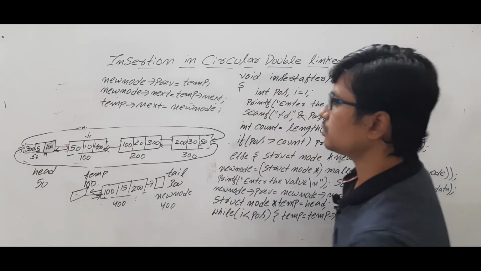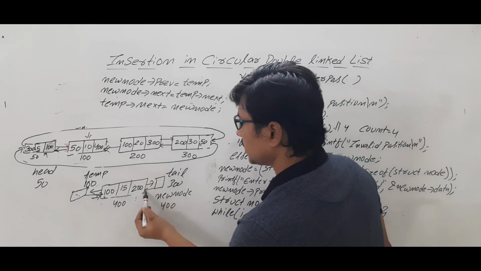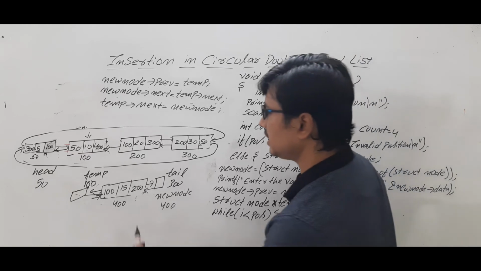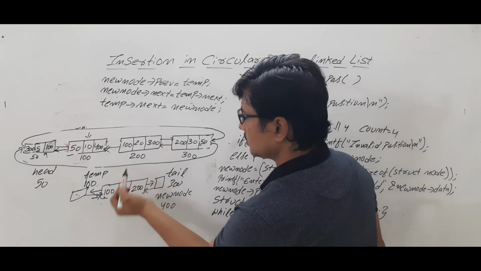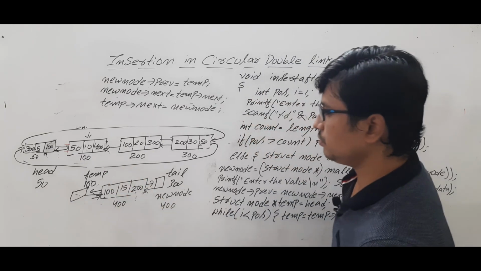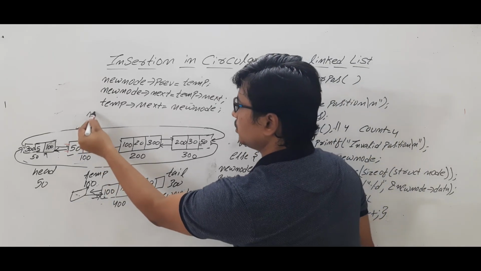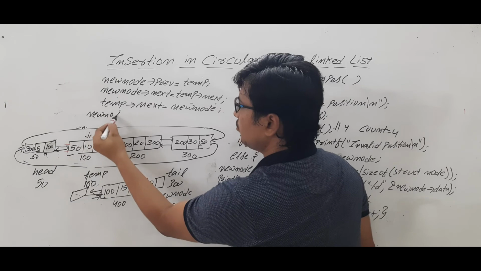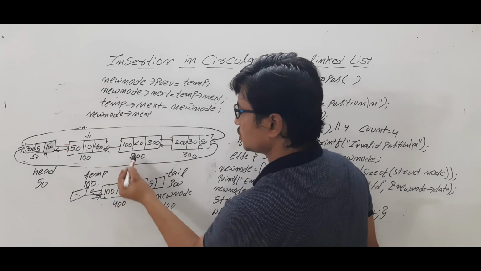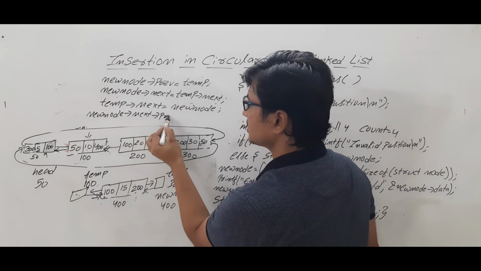Now what you have to do? This node should be connected like this. Am I right or wrong? Backward link should be established. So how you will access this one? This is one of previous. So how you will write is that new node is 400. 400 of next is 200 of previous.